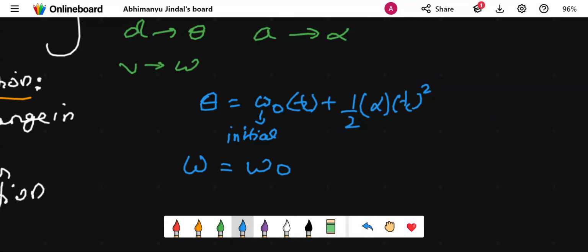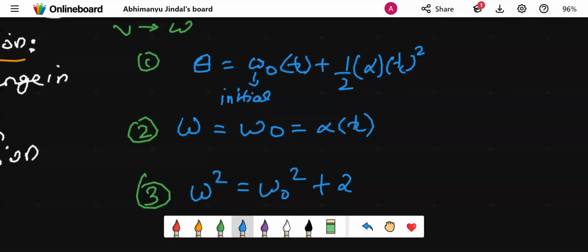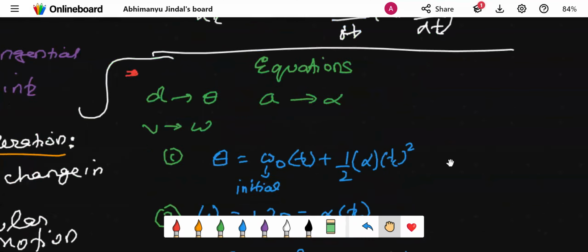Omega equals omega naught plus alpha t, same as v equals u plus at. And omega square equals omega naught square plus 2 alpha theta, same as v square equals u square plus 2as, where s is theta. Keep these three in mind.